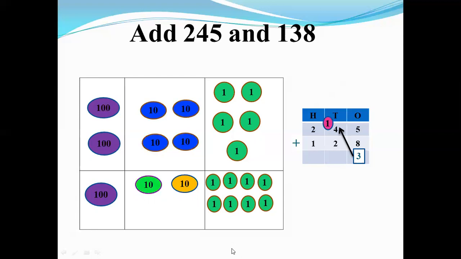So here you can see we have carried 1 ten to the tens side. Now we will add hundreds. We have 2 hundreds and we have 1 more hundred. 2 plus 1 will make 3 hundreds. So the answer is 373.